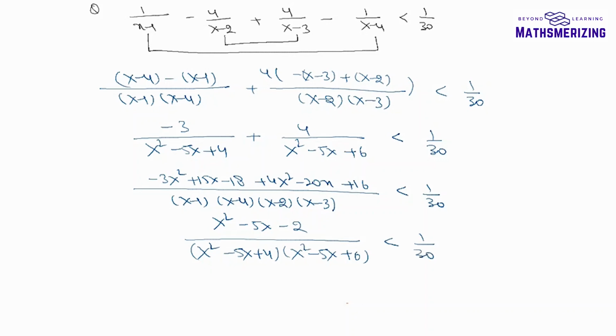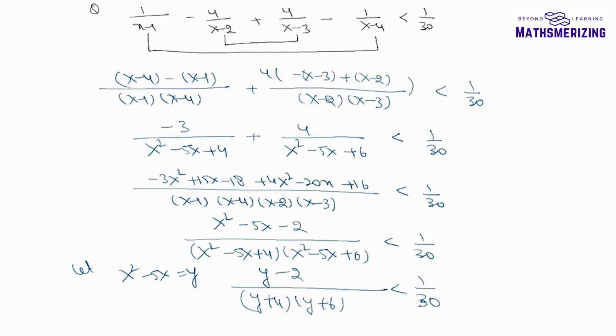So all I need to do in this question is take x square minus 5x as y. So I can simply write it as (y minus 2) upon (y plus 4)(y plus 6), and this is less than 1 by 30.